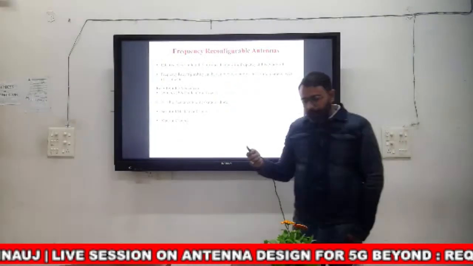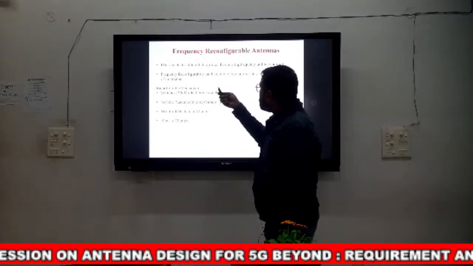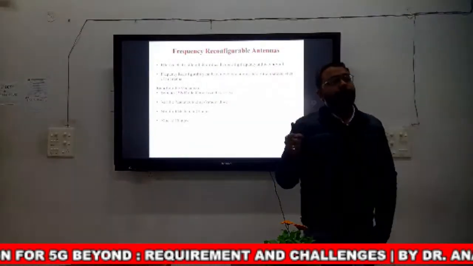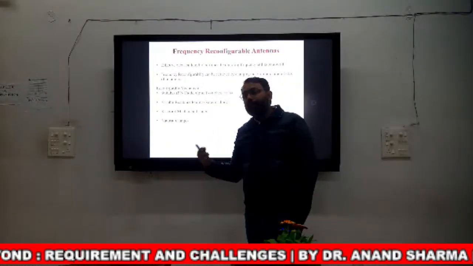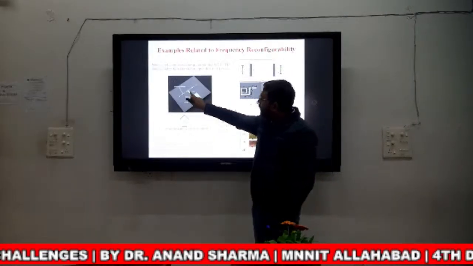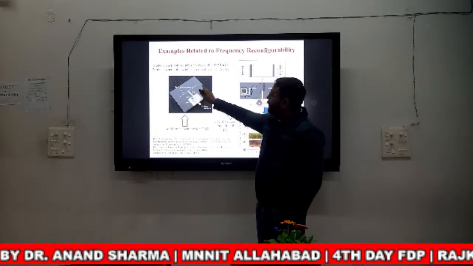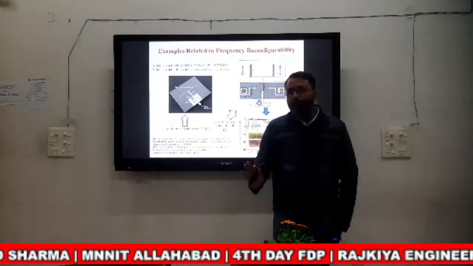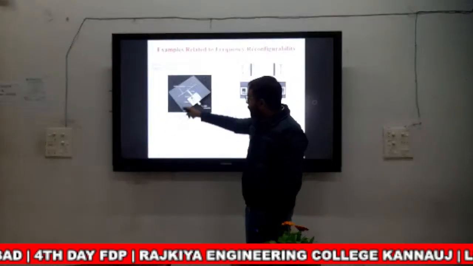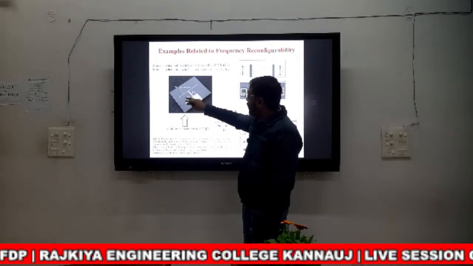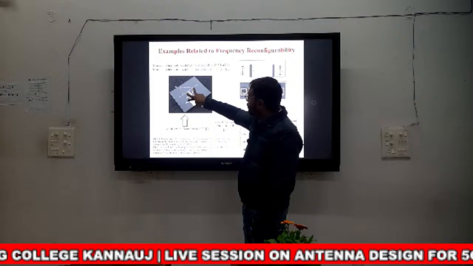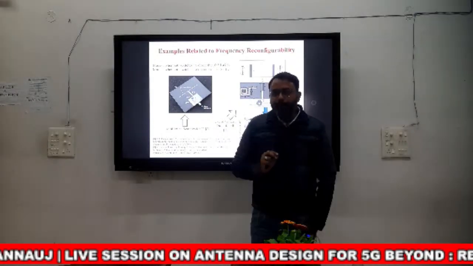Now I will discuss the frequency reconfigurable antenna, where we use a PIN diode or varactor diode to change its characteristics. I have given one example. This is a simple printed dipole antenna. Here the authors are using optical switches.